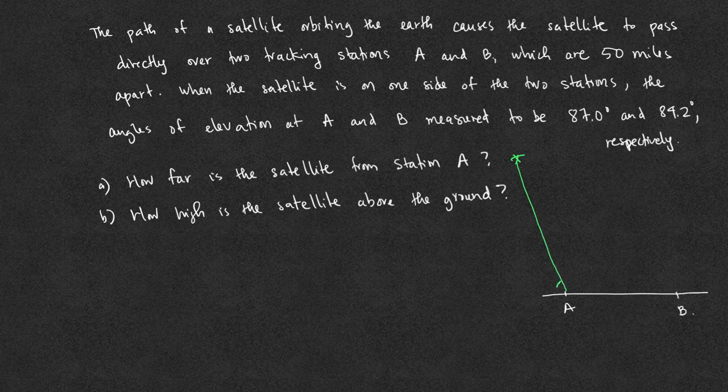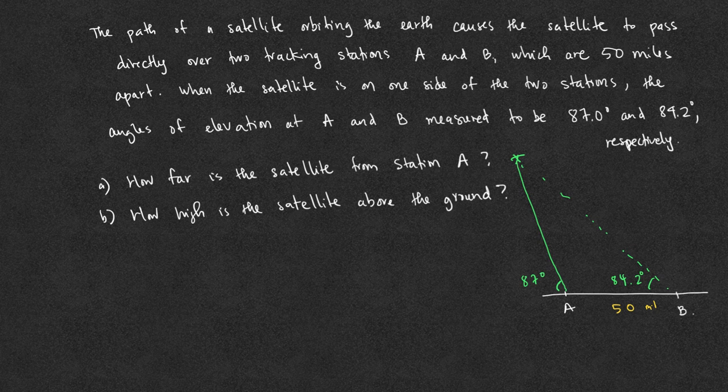That angle is the angle of elevation, 87 degrees. From B to the satellite, that angle is the angle of elevation. It is 84.2 degrees. Another piece of information given is that A and B are 50 miles apart.